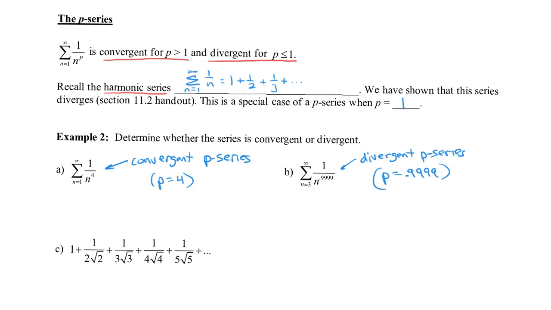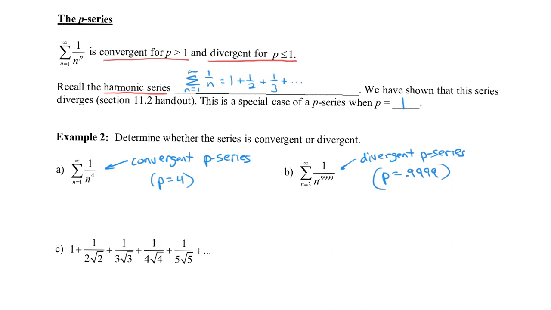Okay, what about this one? Take a second, see if you can figure this out. This is a p-series. It's written in expanded form here, so it doesn't have the summation here. But let's see if we can come up with a summation formula for it. So you might even be able to see like 2 times the square root of 2, 3 times the square root of 3.